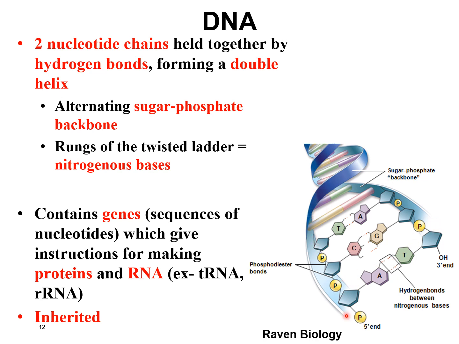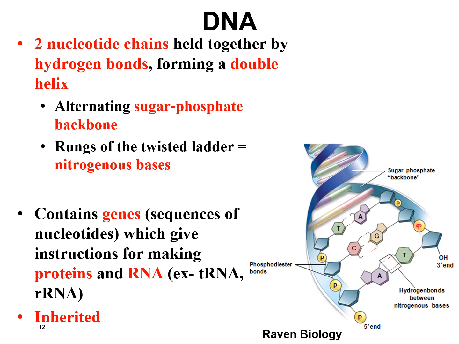And then the outside of the ladder, that you would hold on to as you're going up here, these are the sugar phosphate backbone. Okay, so the sugar phosphate backbone is on the outside, and the nitrogenous bases make up the rungs of the ladder.